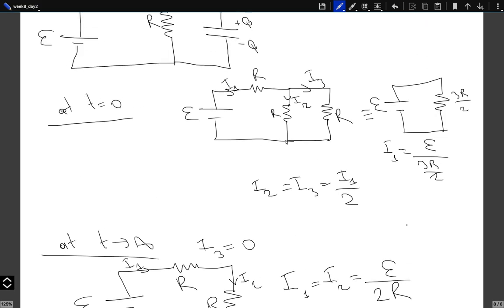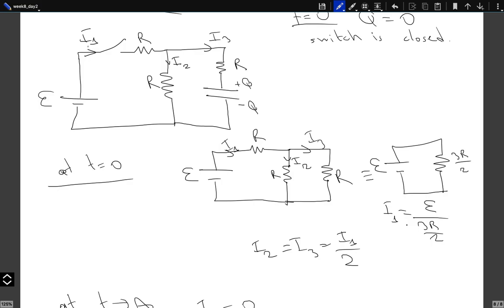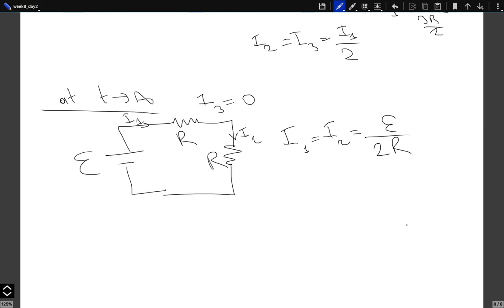Now, at t equal to infinity, what is the charge of the capacitor? So let me just redraw the full circuit here. So this is the current, epsilon over 2R.